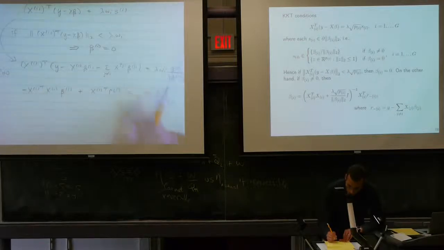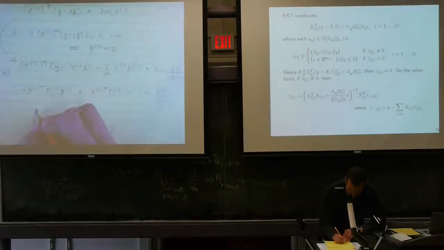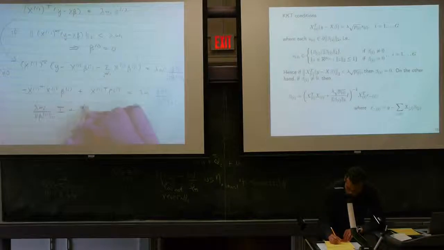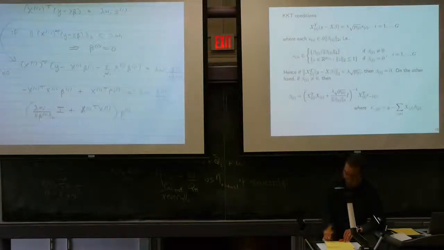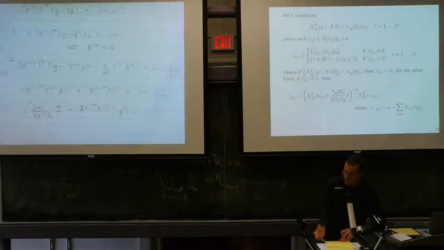So I'm going to move this over to the other side, and I get lambda wi over the L2 norm of beta I times the identity matrix plus xi transpose xi, this whole thing times beta I, is equal to xi transpose the residual. I haven't actually cheated anywhere mathematically, but it's just not going to give me an explicit expression for beta I because I still have beta I here in the denominator.